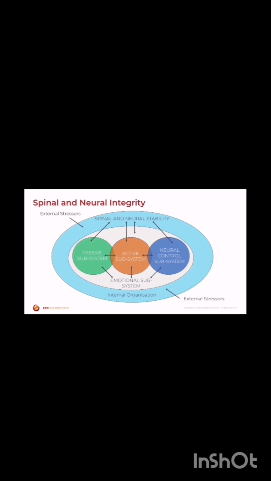Now, there's an overlap there because the meninges also affect the passive subsystem, the connective tissue. But I am seeing that there's two aspects. There's a passive subsystem affecting the body connective tissue, and there's a passive subsystem affecting the mechanical tension also within the spinal cord of the neural canal.